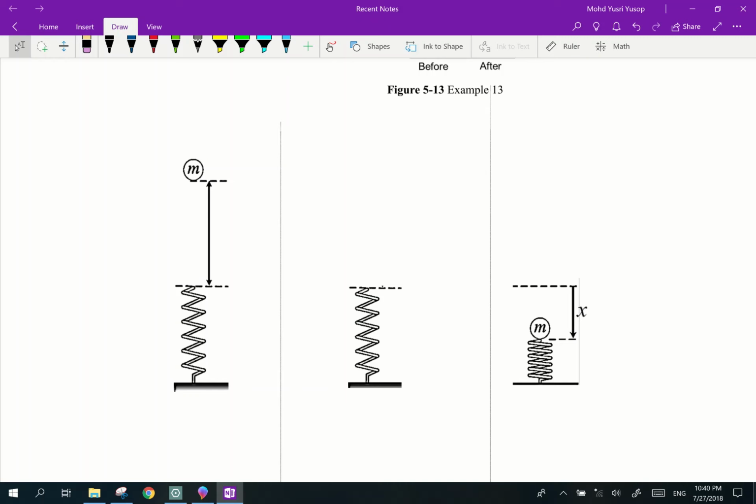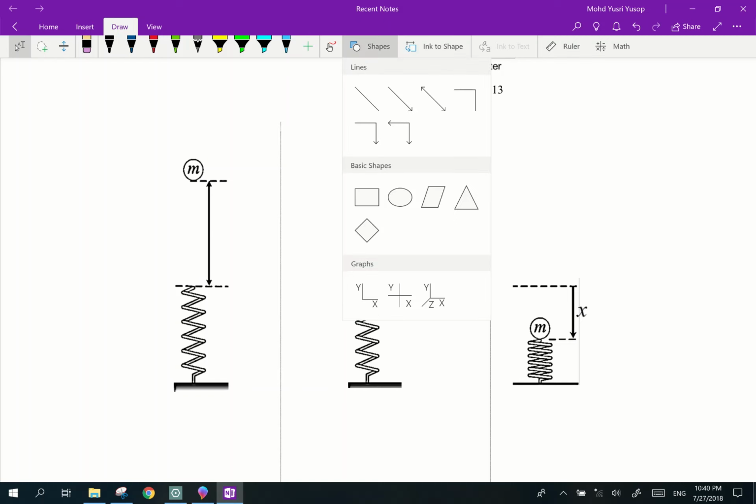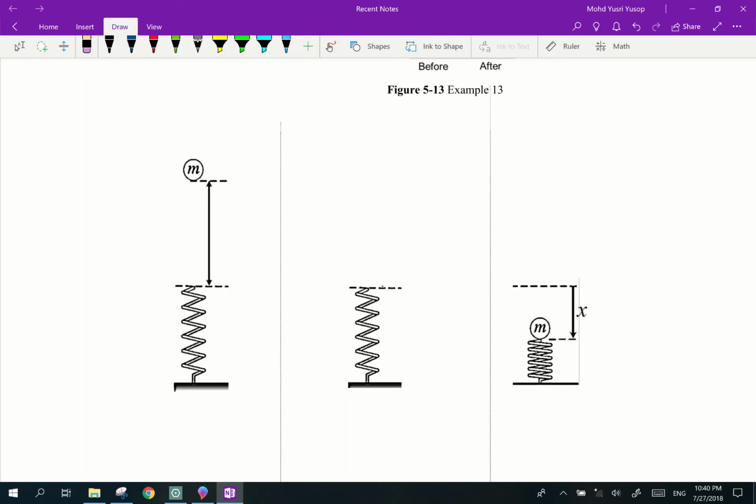Yang pertama adalah bola itu masih lagi berada di atas. Yang kedua, kita lukiskan bola itu sudah menyentuh spring tapi belum lagi kompres. Dan yang ketiga, bola itu sudah pun menjunam dan kompres spring kita.